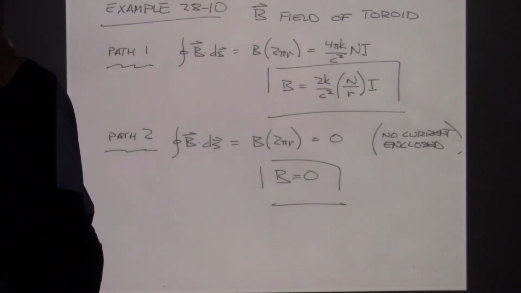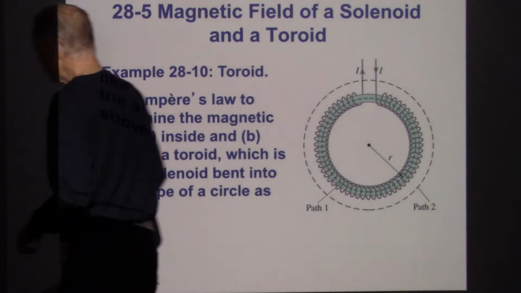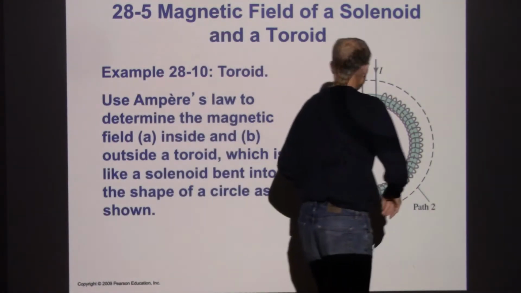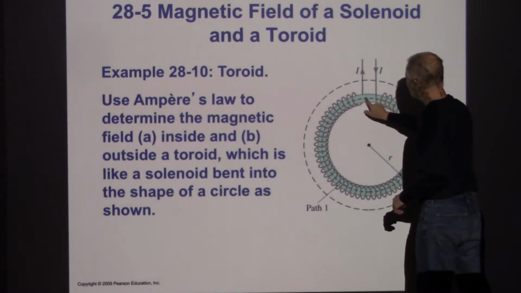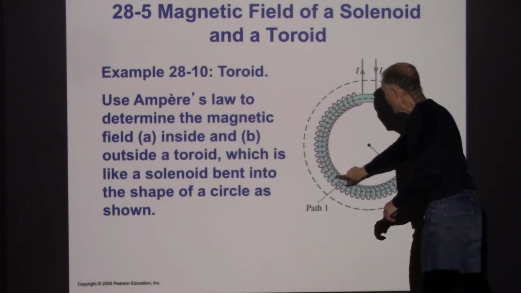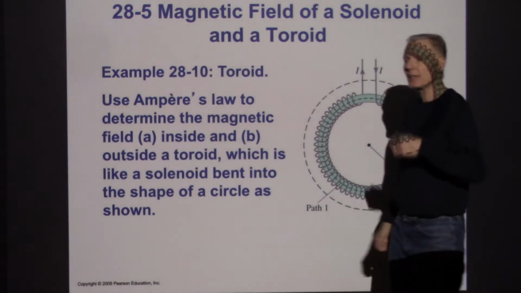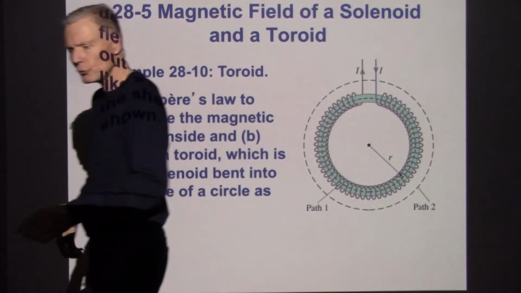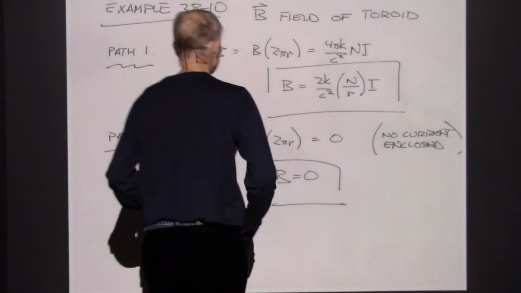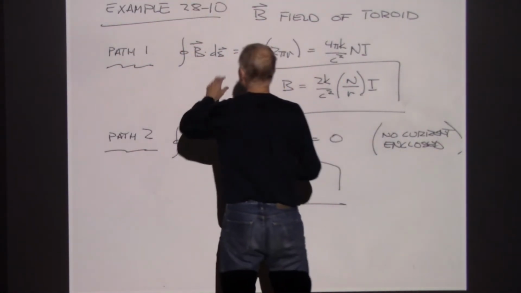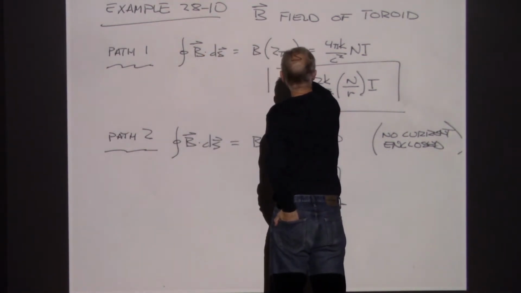So when I use the toroid path, I'm depending on this picture. The magnetic field is going to have a constant value of B, and I'm just going to multiply it by the length of the path. The length of the path this time is a circumference, and it's 2πr. So path number 1 is going to be the one that runs through all those loops. This integration would be B times 2πr.